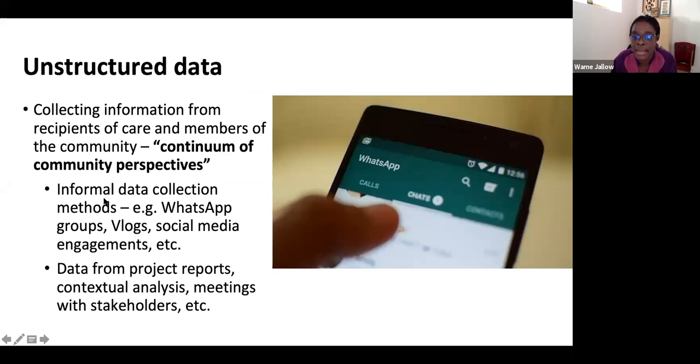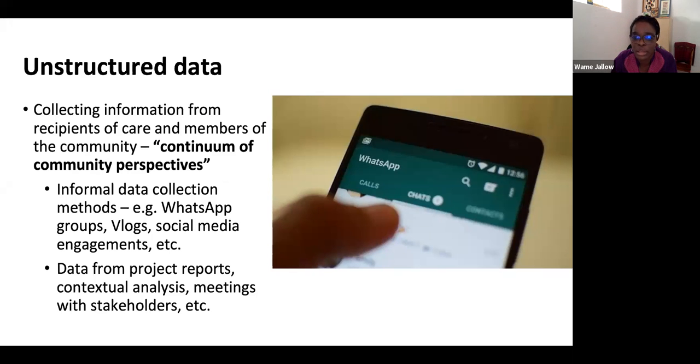Data doesn't always have to be collected in a structured form. So we also have an opportunity to look at unstructured data collection methods. And this is really a process where it's not routine, you're getting a continuum of community perspective. So it's not a snapshot of this particular day, this is what occurred, but over time, we're able to get informal anecdotes from the community members via WhatsApp groups, vlogs, social media engagement.